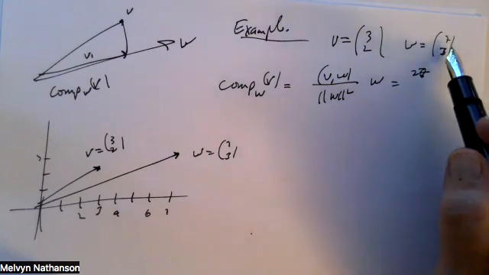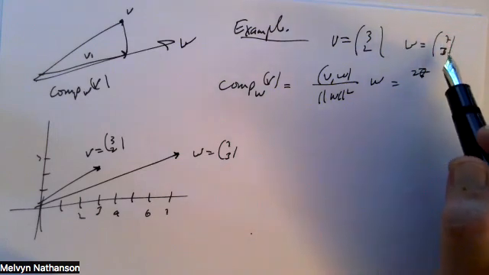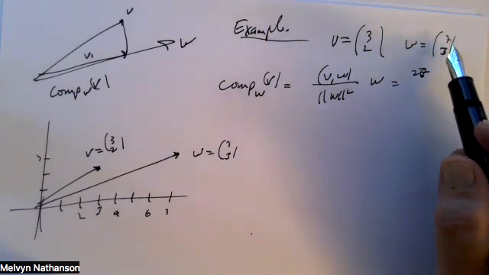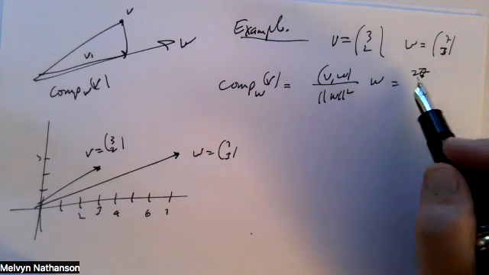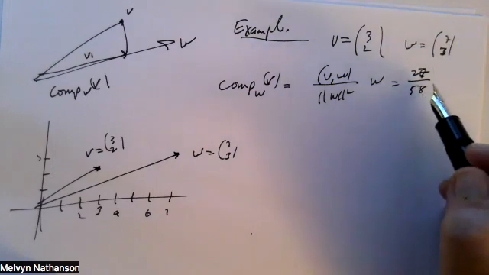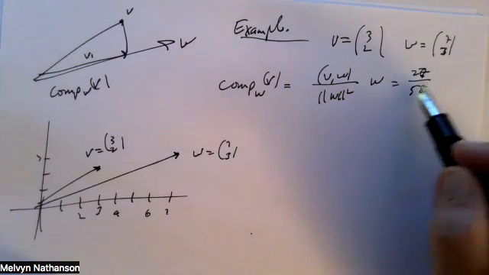The length of the vector 7, 3 squared is 7 squared plus 3 squared, 49 plus 9 is 58. So times the vector W.